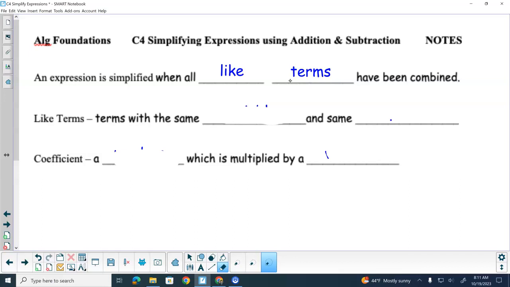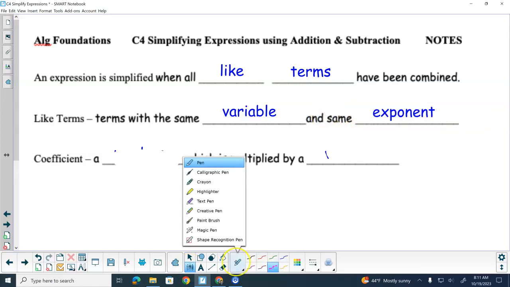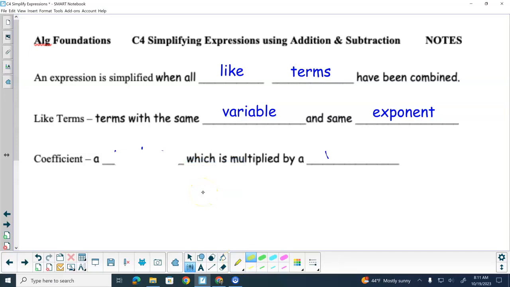Like terms have what? Same variable and same exponents. Yep, gotta have both because it is an and statement. Okay, this word right here, and, means that both of those have to be true in order for it to be like terms.